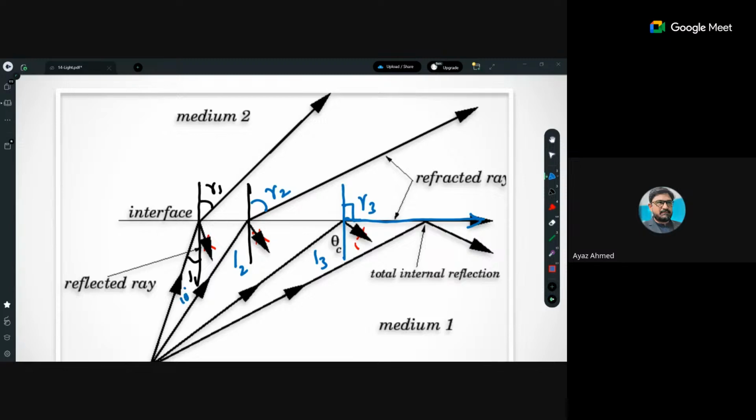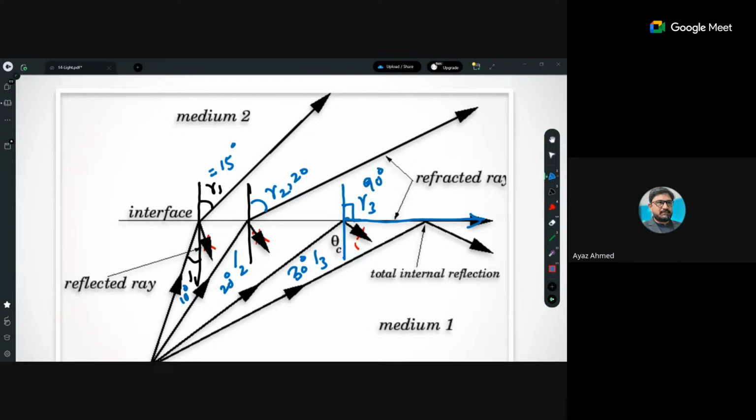Here, let's say it is 10 degree, let's say 20 degree, let's say it is 30 degree. Are you not continuously increasing the angle of incidence? And this angle of refraction is, suppose, 15 degree, suppose it is 20 degree, and so on until it becomes 90 degree.